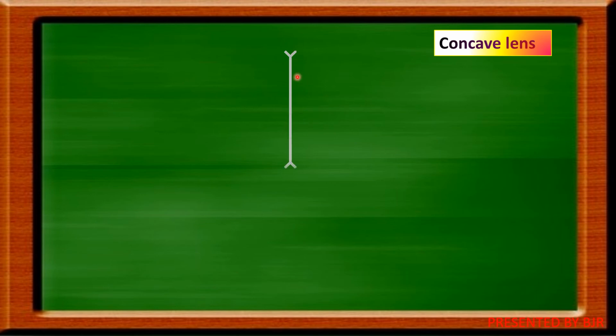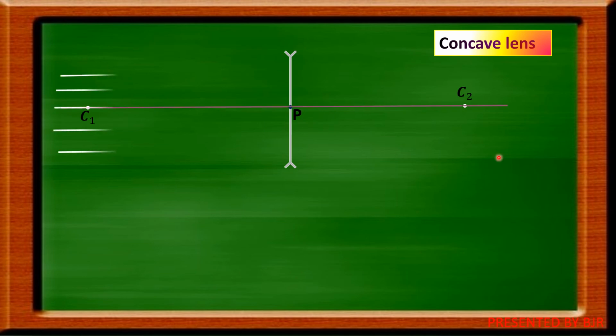Next, I will show you the focal point in case of concave lens by using its symbol. This is the symbol used for concave lens. This one is the optic center P. C1 is the center of curvature and here is another center of curvature C2, and this line is the principal axis.